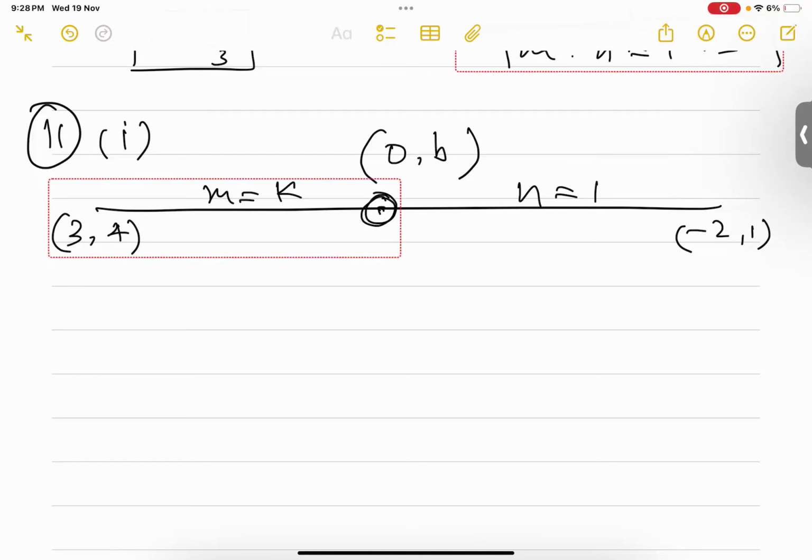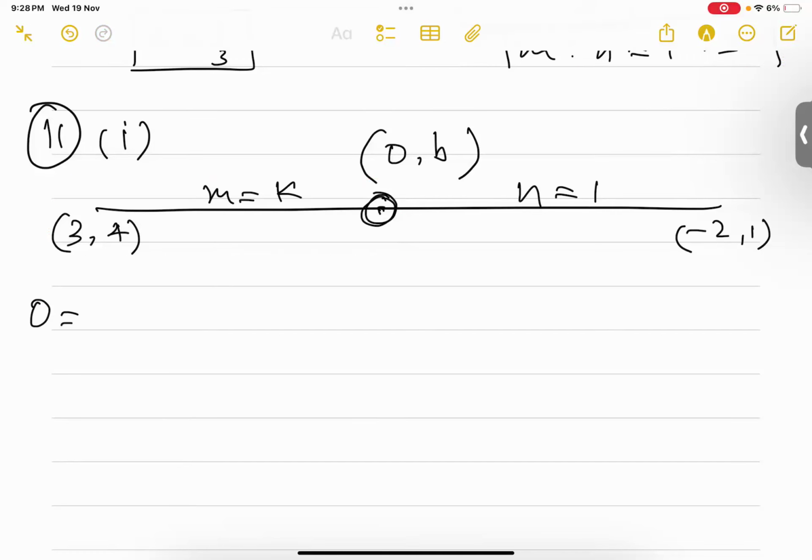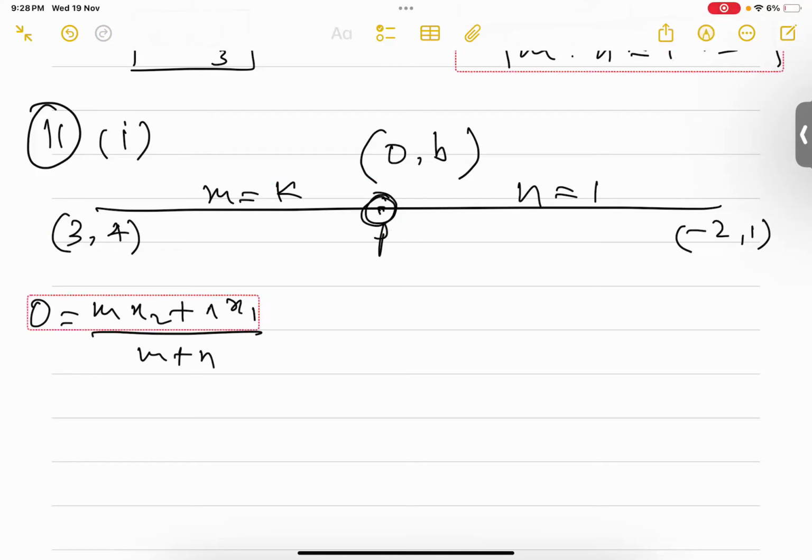So the x coordinate of the point P, which is 0, is equal to mx2 plus nx1 upon m plus n.